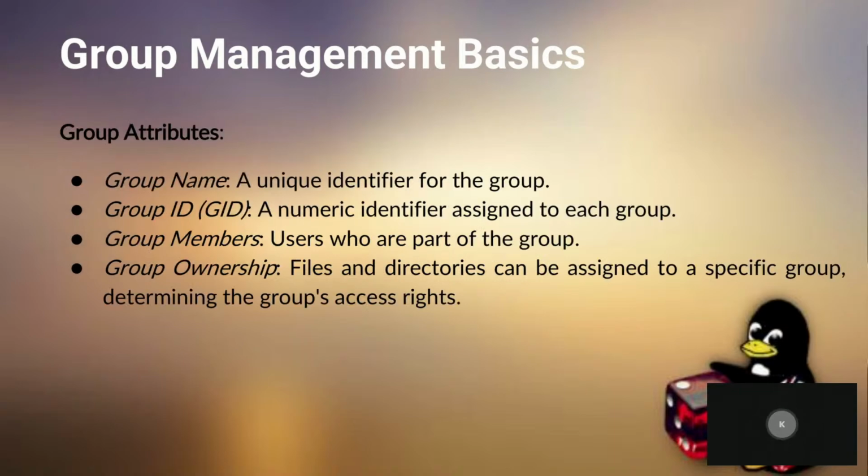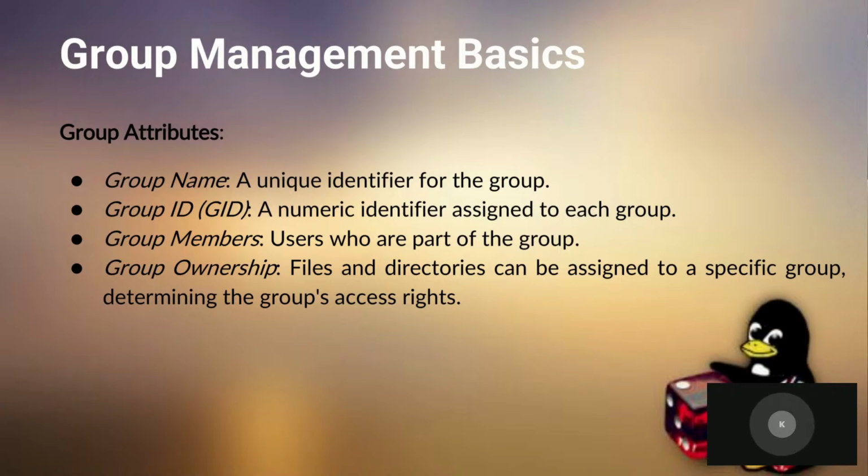So now, the next thing, obviously, the same way users have attributes, groups also have attributes. We use these attributes to identify groups. Like the group name is a unique name. No two different groups can have the same name. Then every group has an ID, a group ID.